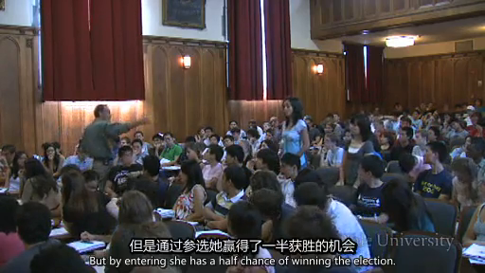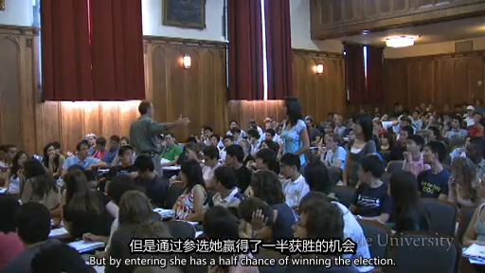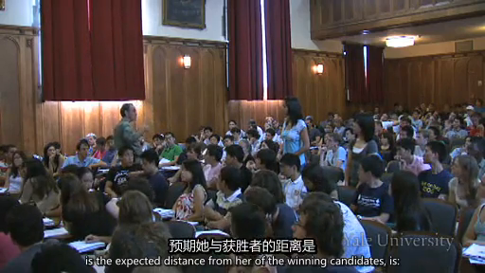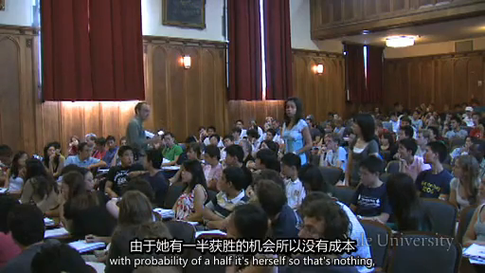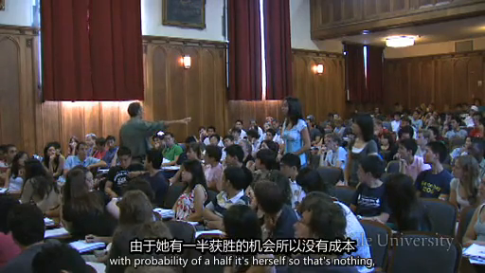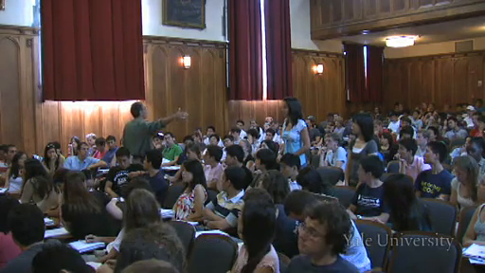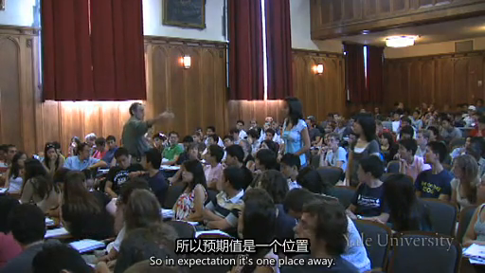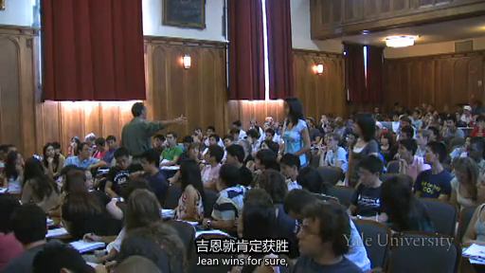But by entering, she has a half chance of winning the election. So one way to think about it is the expected distance from her of the winning candidate is, with probability of half, it's herself, that's no distance, and with probability of half, it's 2 places away. So in expectation, it's 1 place away. If she drops out, Jean wins for sure.